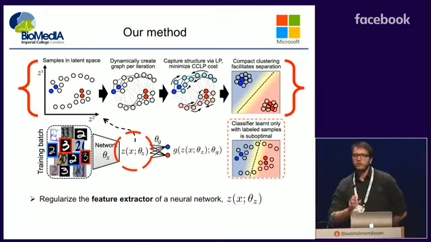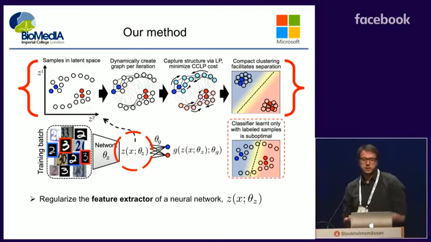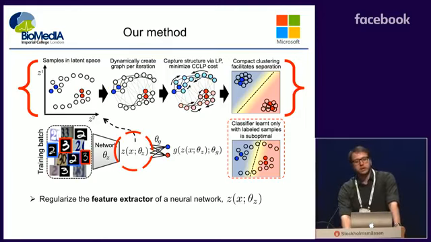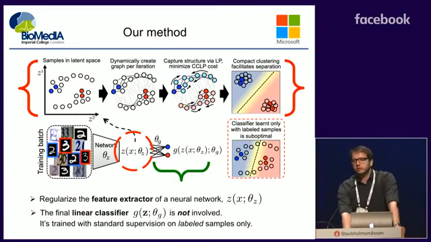As I said, we're going to focus on the latent space zeta, that is at the last layer of the network right before the linear classifier, and we're going to regularize it to form compact clusters there. Basically, we're going to regularize the feature extractor of the network. We are not going to touch the linear classifier at all. It's going to be trained at the same time, but with standard supervision on the labeled samples.